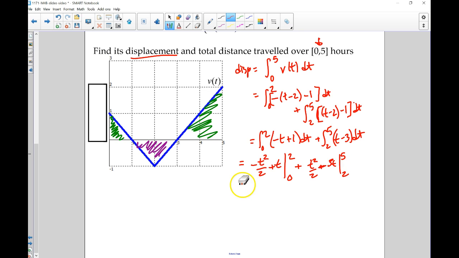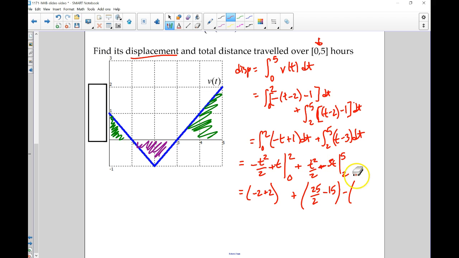Okay, doing the evaluation here, 2 squared is 4, negative 4 over 2 is negative 2, plus 2, so this part is going to cancel out completely. 0 I don't have to worry about because that'll be 0. Plus this part, 25 over 2 minus 15, and then I have to subtract off whatever I get in the lower bound case.